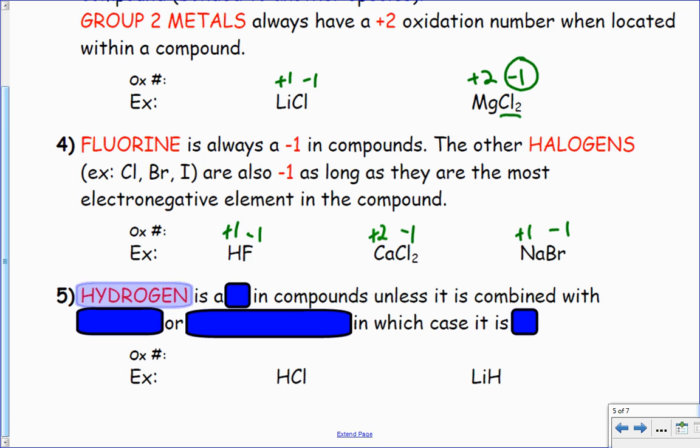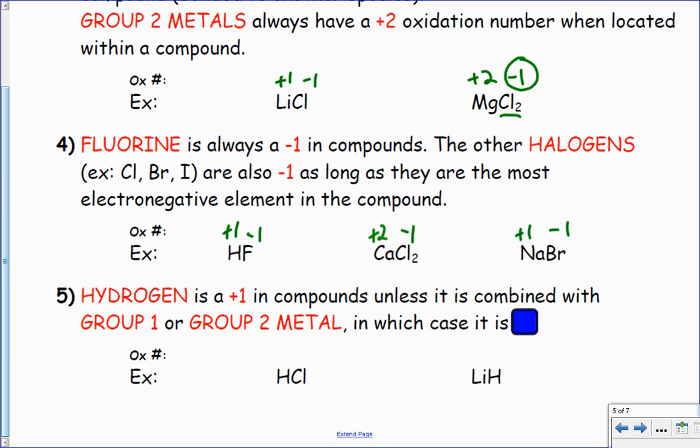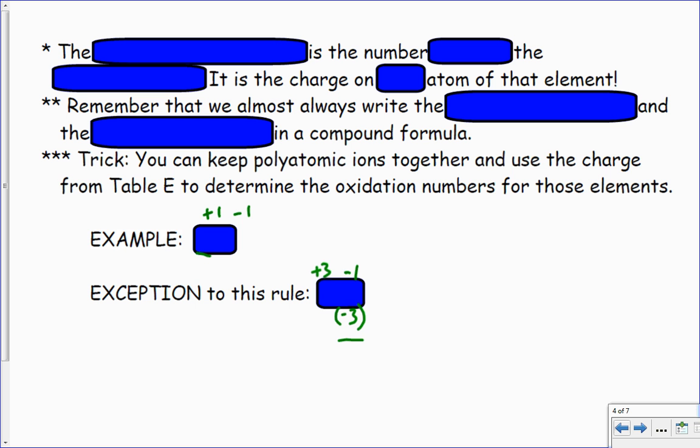Rule 5. Hydrogen is a +1 in a compound unless it's combined with a group 1 or group 2 metal. In this case, it's a -1. Okay, so HCl is +1 because it's here, and here it's with a metal, so it's +1 and it's -1. I need to go back because sometimes we get things screwed up.